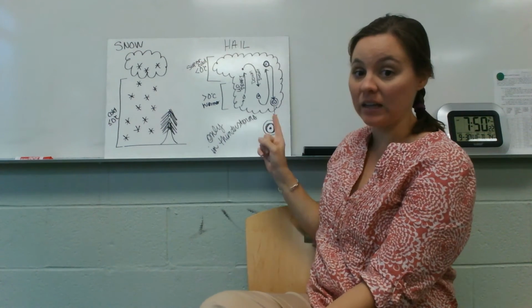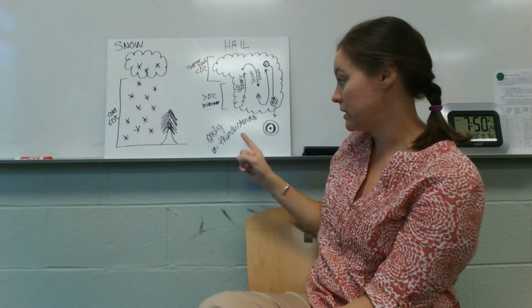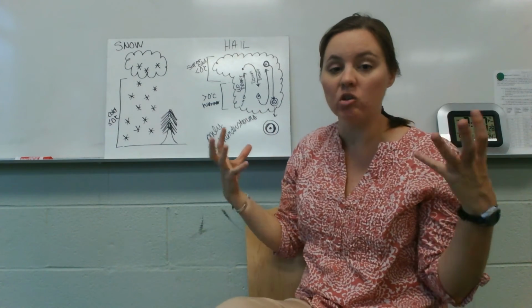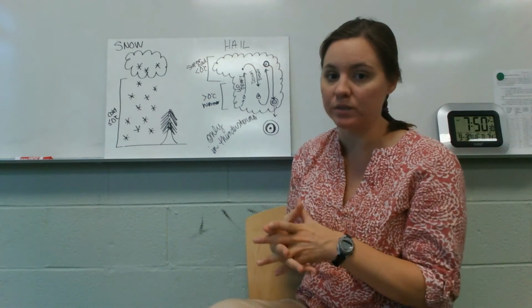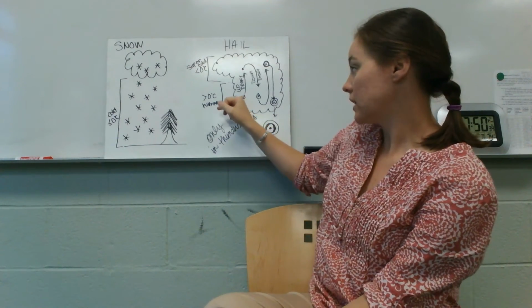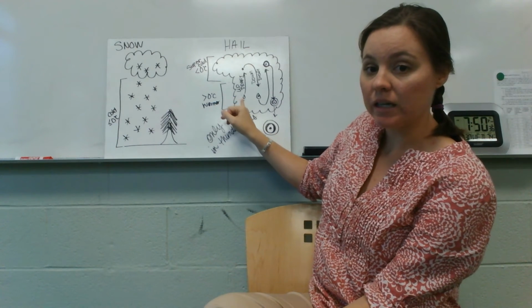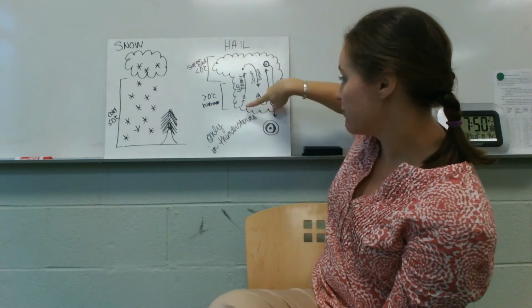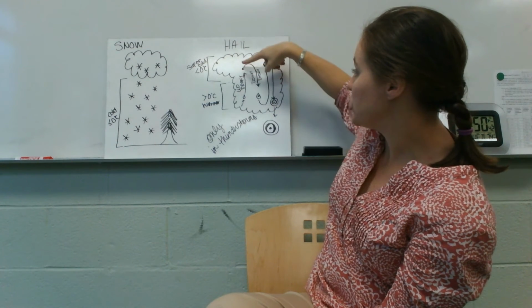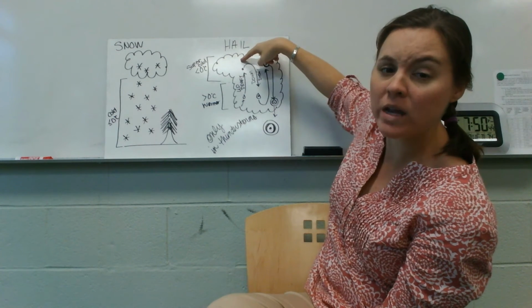And then we have hail. Hail only happens when we have thunderstorms. It can only form in those big cumulonimbus clouds that cause thunderstorms. So we have a little ice or water droplet that gets caught in an updraft, and it gets taken from the warmer part of the cloud in the lower atmosphere up into the higher part of the cloud where it's really cold.